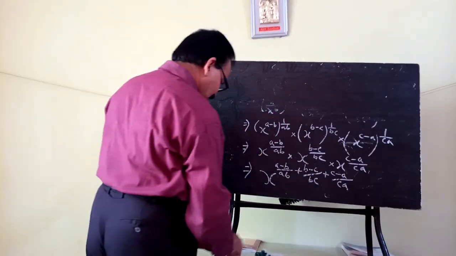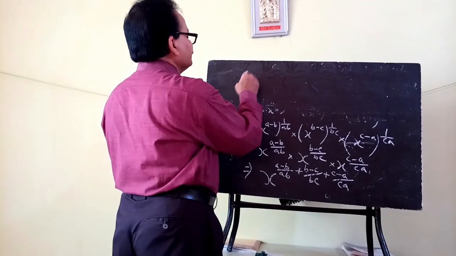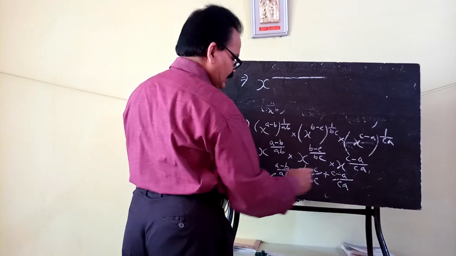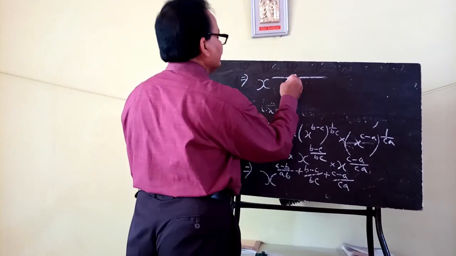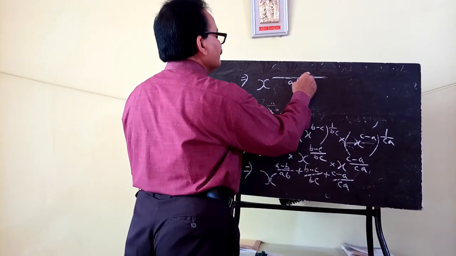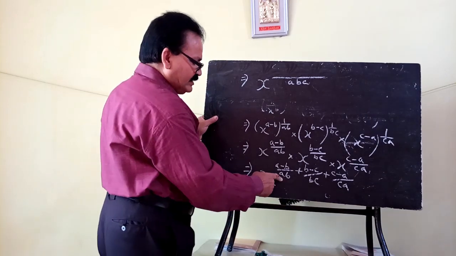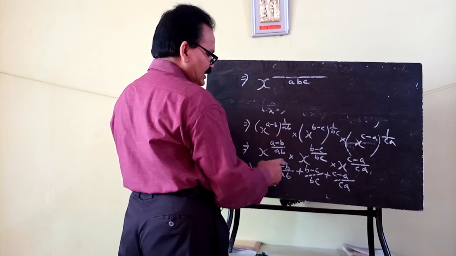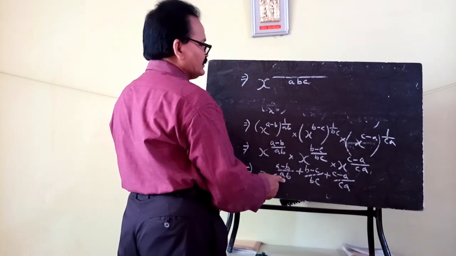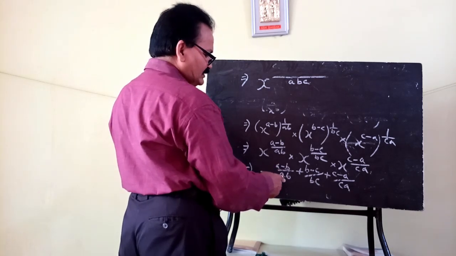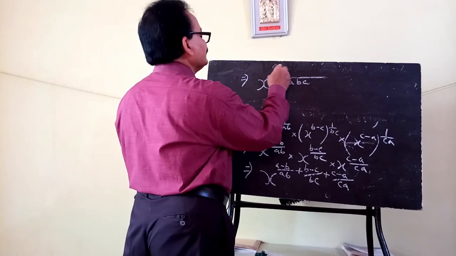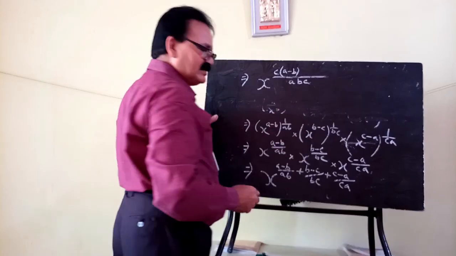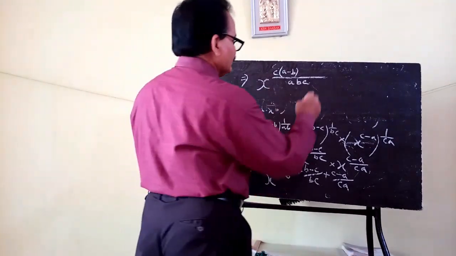After that, you have to take the LCM of the denominators ab, bc and ca. Your LCM is abc. When you divide the LCM by the first term, (a minus b)/ab, in the denominator it is ab, so the answer will remain c. So c into (a minus b), it is just similar to addition of fractions.